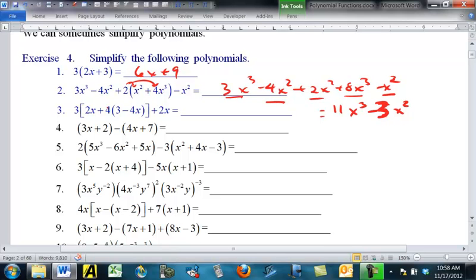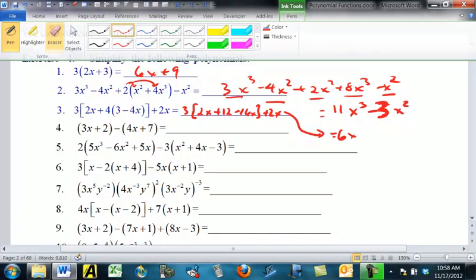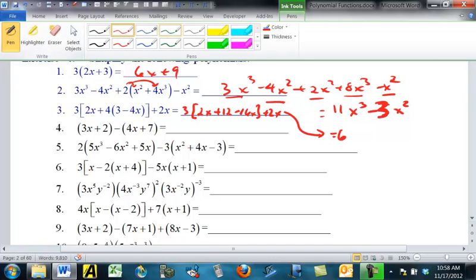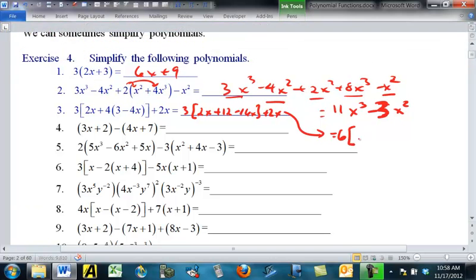I'll do maybe one or two more here. So this one is 3. Work inside the parentheses first. 3 times 2x. Distribute the 4, so this is 12 minus 16x plus 2x. Then distribute the 3, 6x. Well, actually, we have all options. We can distribute first or simplify first. I'm going to simplify what's in the bracket first before going on.